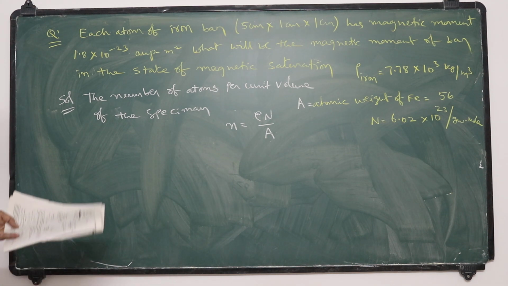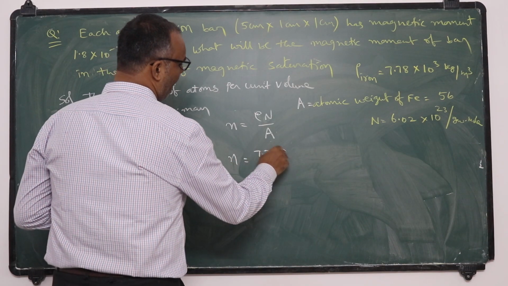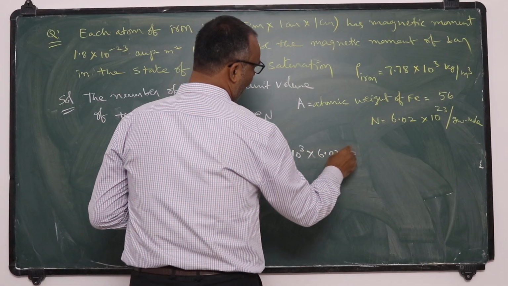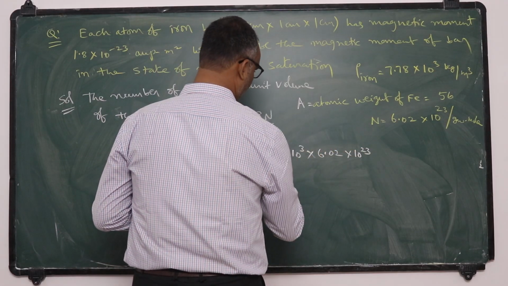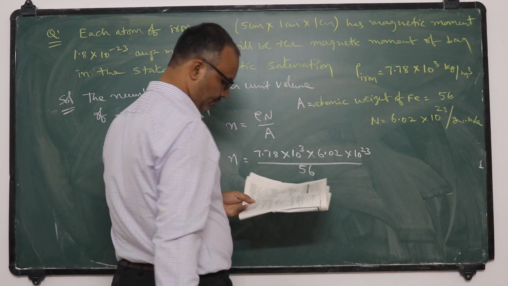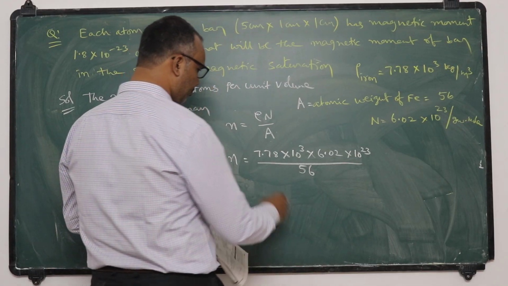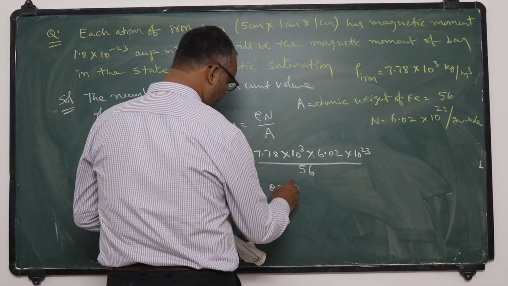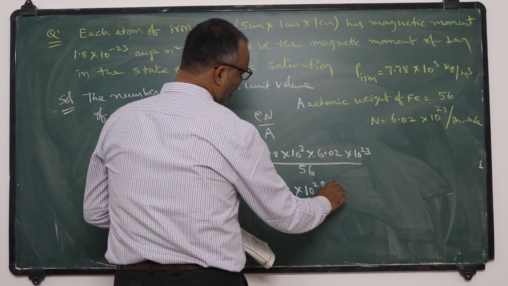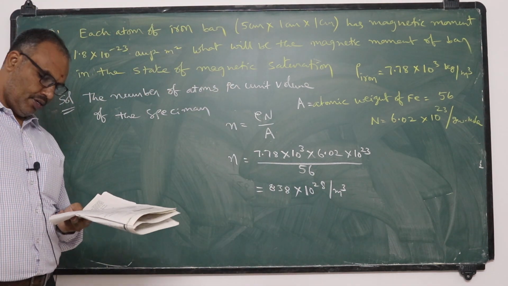By substituting the values, the atomic mass number or atomic weight, you will get the number of atoms available per unit volume as 8.38 into 10 power 28 per meter cube. That means in unit volume, this many atoms are available.